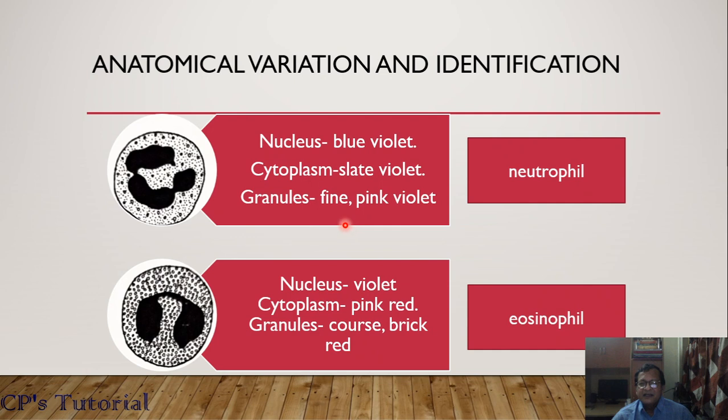Anatomical variations are found here. We want to know the anatomical variations because we want to identify the peculiarities of the different cell structures. I have indicated only 3 points: nucleus, cytoplasm, and granules.